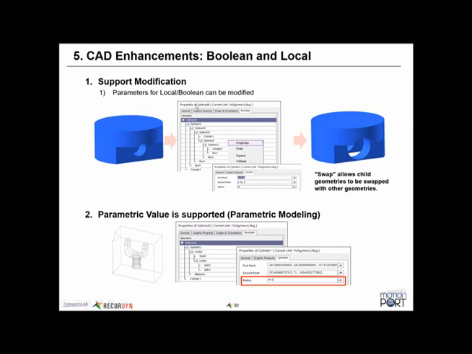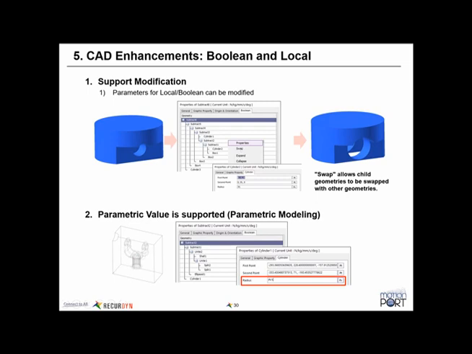So in other words, you have this Subtract 6, which is your piece of geometry that you've created, and now there's this new tab called Boolean, and that's where you have this tree structure shown. You can go into each area and look at the properties, but you also have this swap capability.